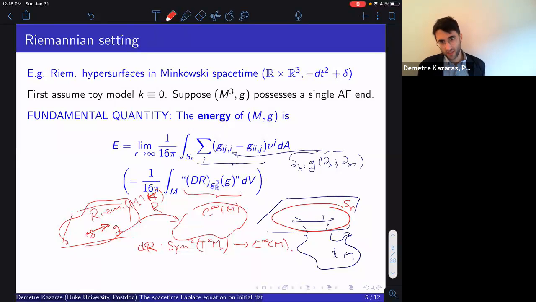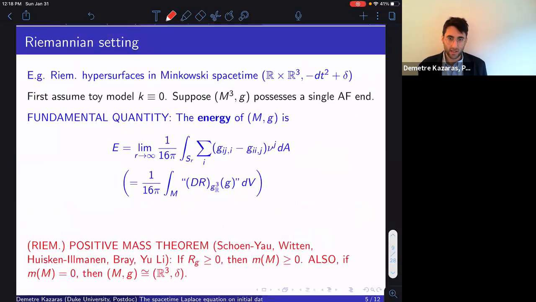Okay, rather subtle geometric invariant of the initial data set. Now here's the theorem that I've been mentioning this whole time, the positive mass theorem, the Riemannian positive mass theorem. So this is supposed to be interpreted as the mass of the initial data set, the total mass it contains.